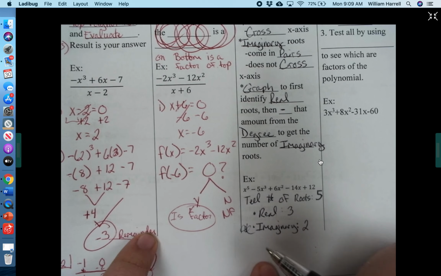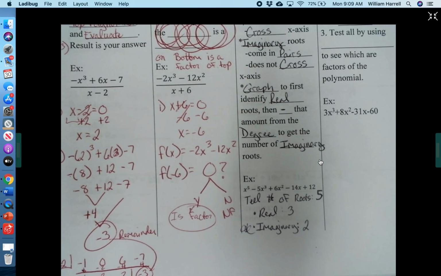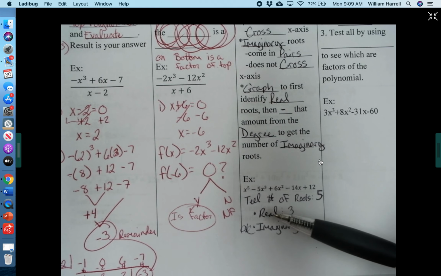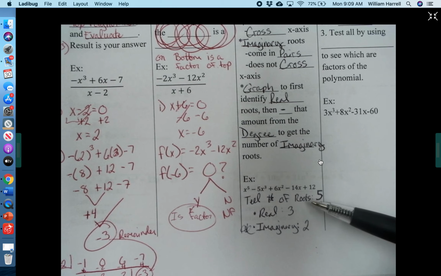If it is ever an odd number in an answer choice for imaginary roots, get rid of it. They always, always, always come in pairs. So again, imaginary roots come in pairs. The most important thing: the total number of roots of a polynomial is equal to the degree. Real plus imaginary must add up to this number. So that's another strategy you can use.